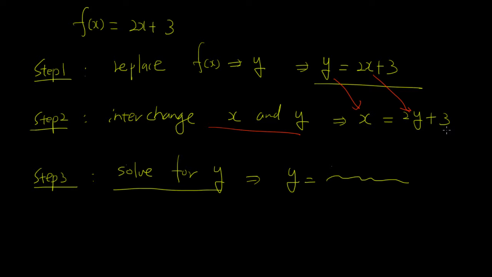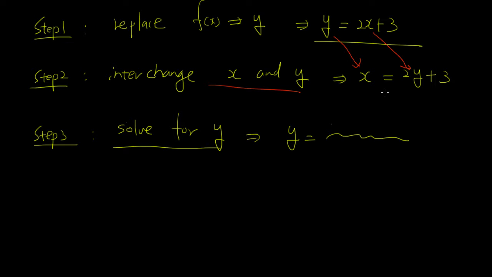So let's do that. So this is x equals 2y plus 3. Now I'm going to switch the sides. So 2y plus 3 equals x.